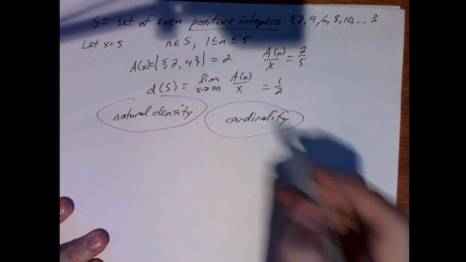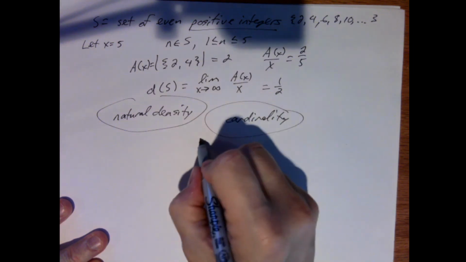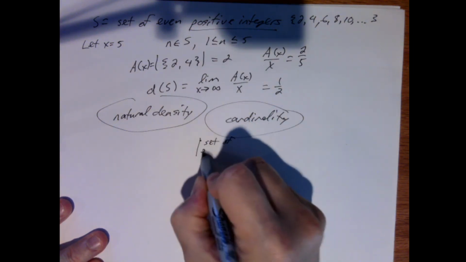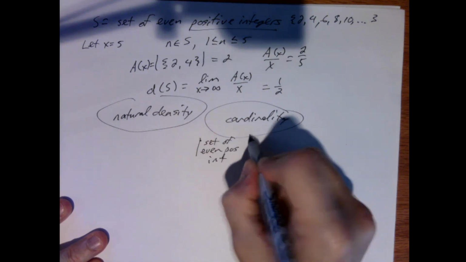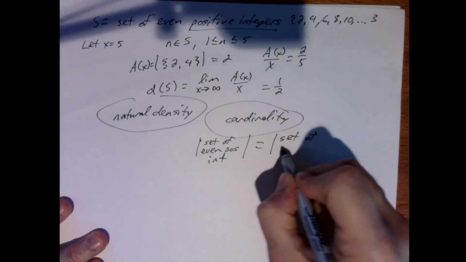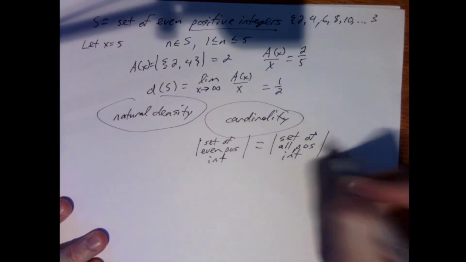But the cardinality says that, in terms of cardinality, the cardinality of the set of even positive integers is equal to the cardinality of the set of all positive integers. Right?